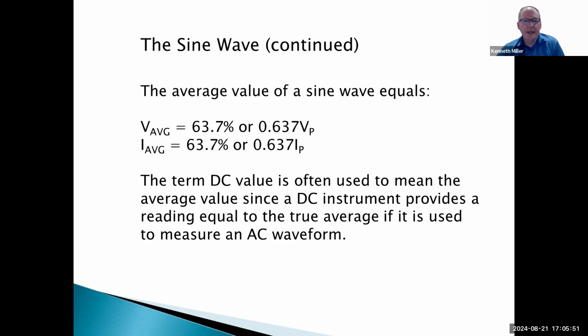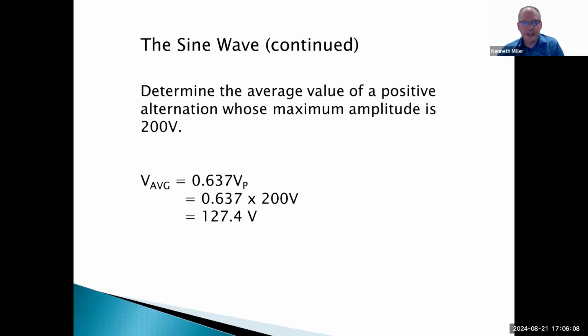That's what it would say on our meter because it's doing the average. It's important that we understand that our meter is going to give us a different value because it's calculating it differently. The sine wave shows it exactly like it is, while the meter is going to show us the average value.